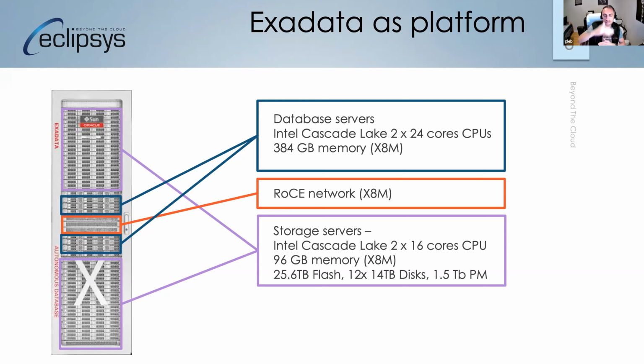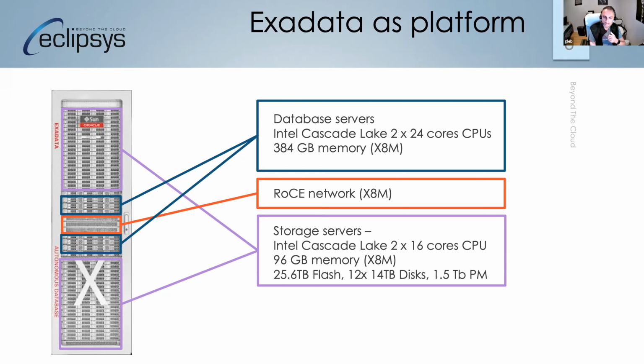So there are 3 tiers of storage on each storage cell server, and it is connected through RDMA over Converged Ethernet, so RoCE network. RDMA means remote direct memory access.